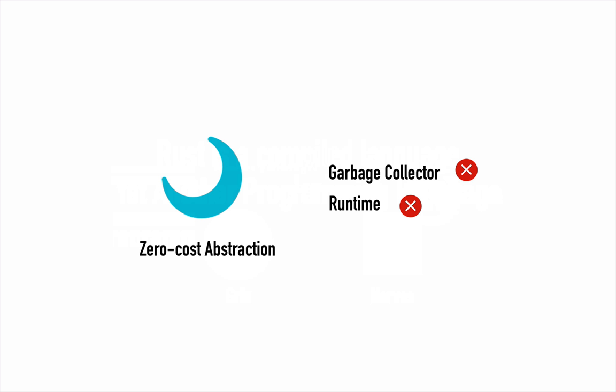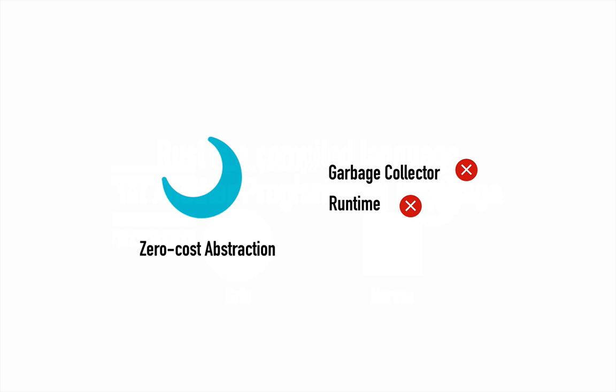Rust offers zero-cost abstraction. Rust has a lot of sweet high-level language features over some abstractions, but Rust is carefully designed so that all those abstractions are at no cost.